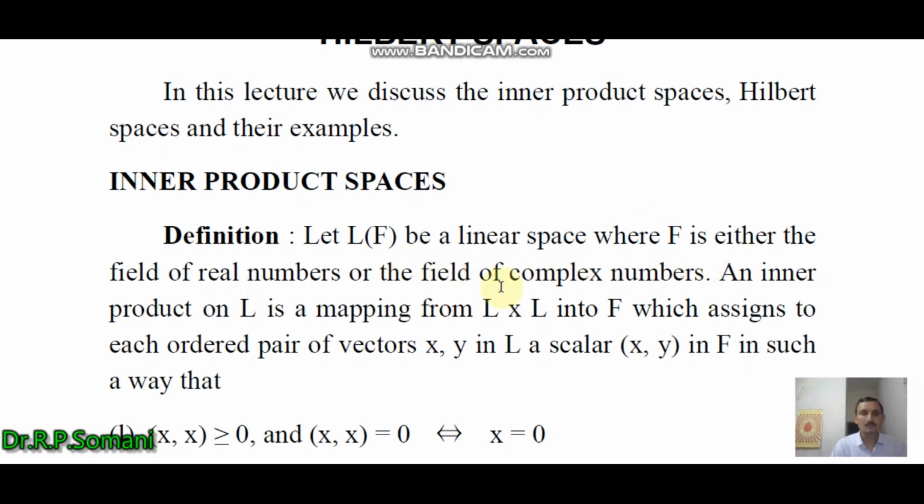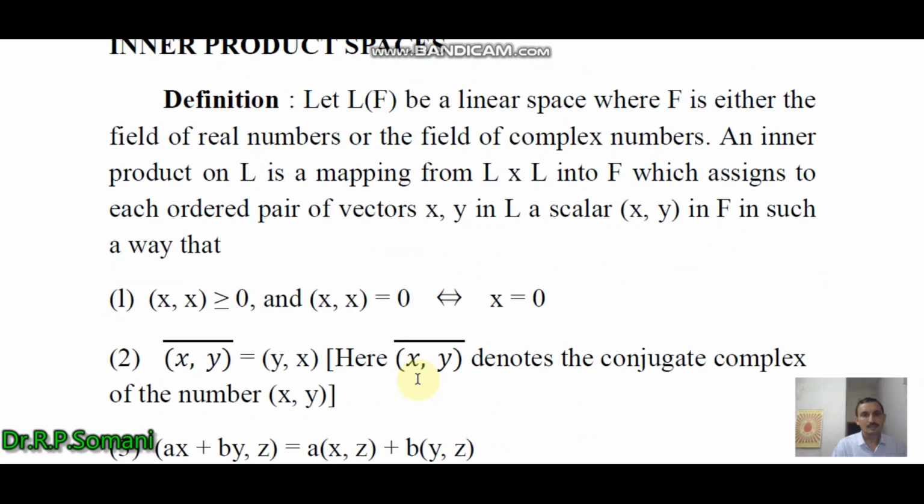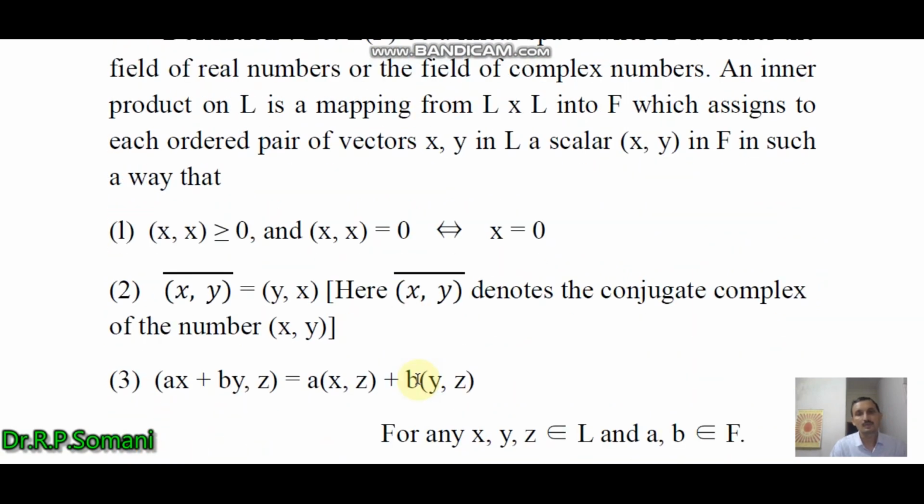An inner product on L is a mapping from L cross L into F which assigns to each ordered pair of vectors x, y in L a scalar value (x, y) in F in such a way that three conditions hold. Here are the three conditions for each pair x, y.